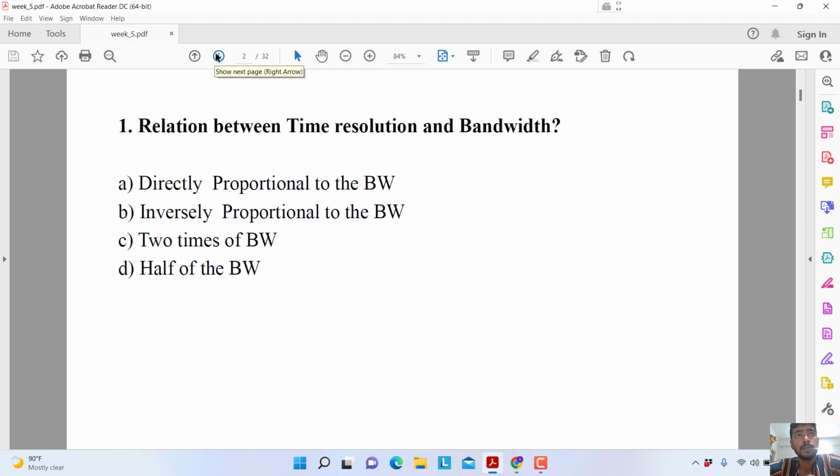If anyone has a doubt regarding this question, they can ask. Simply, we have to tell what the relation is between time resolution, or time resolvability, and the bandwidth.